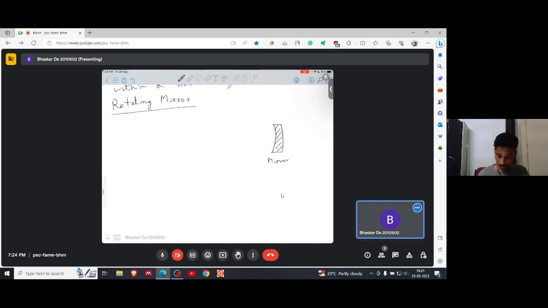This is a mirror. This is the amplifier. And here we have the rotating mirror.